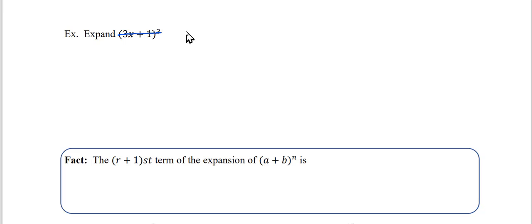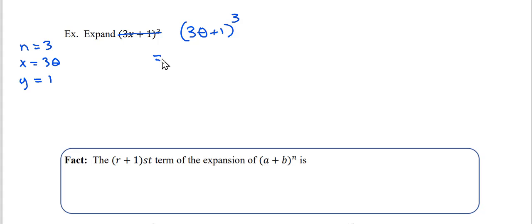Instead of 3x plus 1 cubed, let's use the Greek letter theta, since I know that won't confuse us with the n's in our formula. Oops, not squared, cubed. I'm just changing the variable from x to theta. In this case, our n is 3. The x is going to be replaced by 3 theta, and the y is going to be replaced by 1.